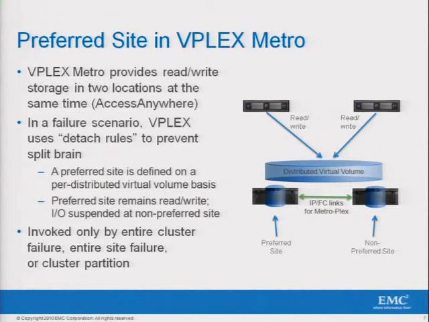This means you could have hosts in site A that are read-write access to this distributed virtual volume, as well as hosts in site B that also, at the same time, have read-write access to that distributed virtual volume, okay?